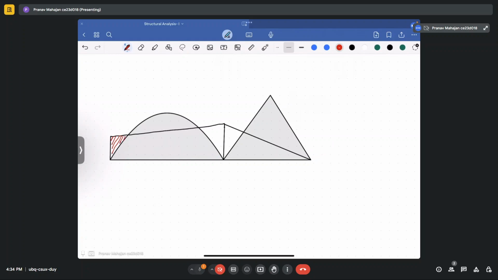So this shaded region area is your bending moment diagram.